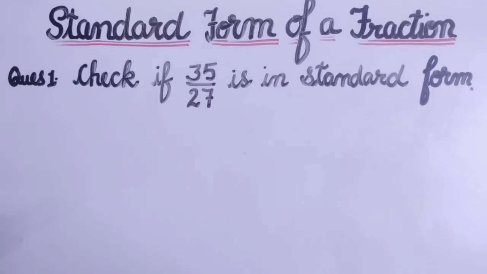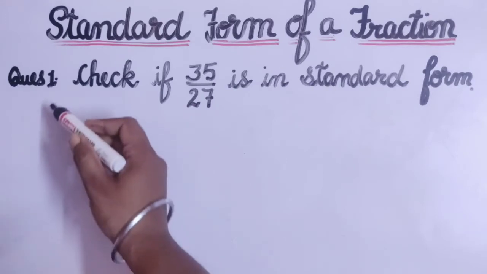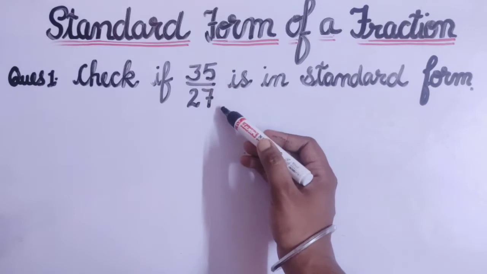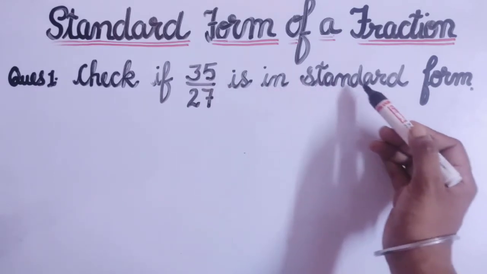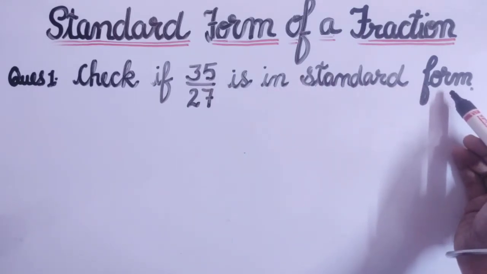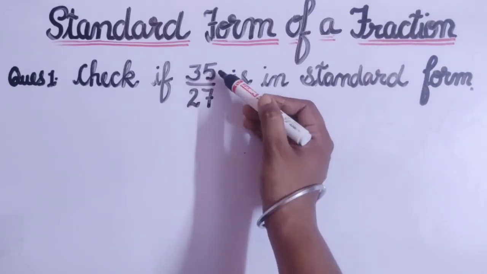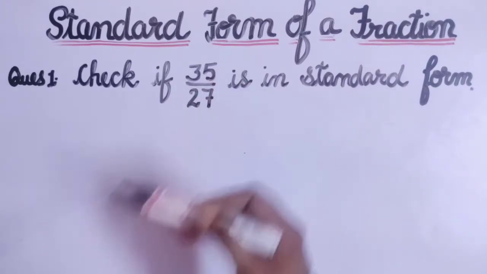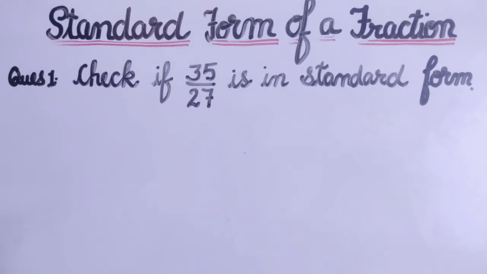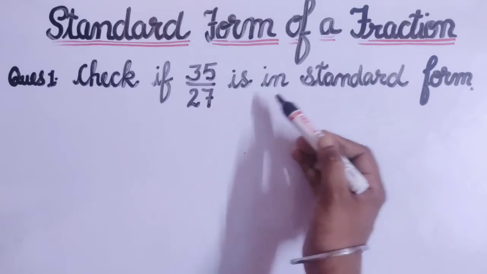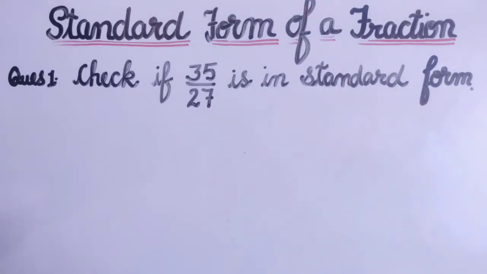So let's understand it with the help of one example. Question number 1 is, check if 35 by 27 is in standard form. So students, I told you, if the HCF of numerator and denominator is 1, we can say that yes, the given fraction is in standard form.